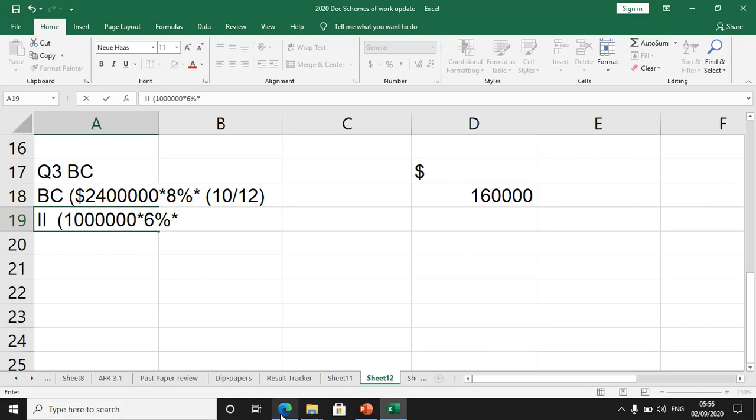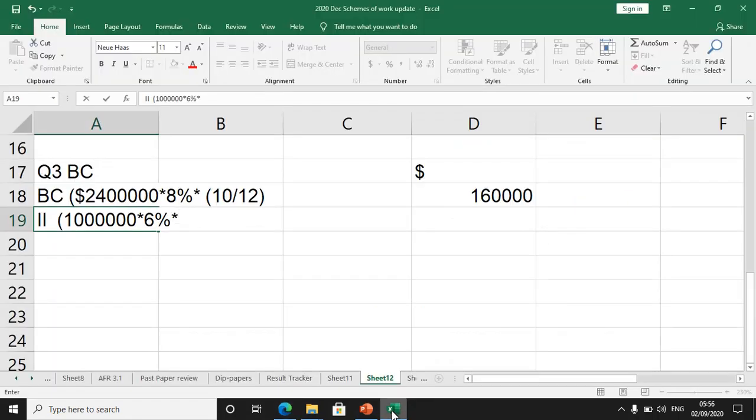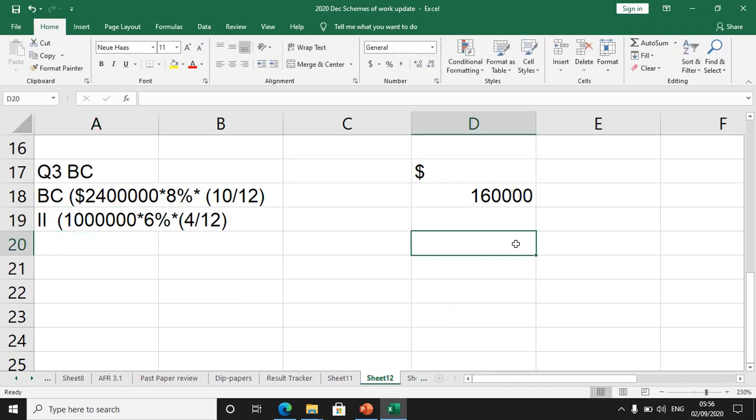From the question, we are told we reinvested this amount since we didn't need it until 1st July. Now, if you calculate the number of months between 1st March and 1st July, you'll discover that we are running with about 4 months. So we shall see 4 divided by 12. Try to see what is happening there.